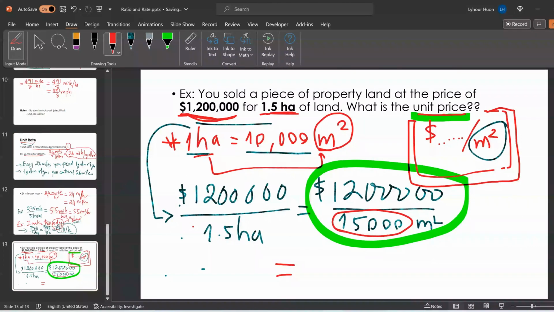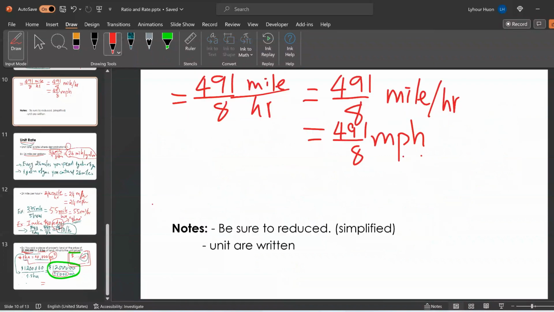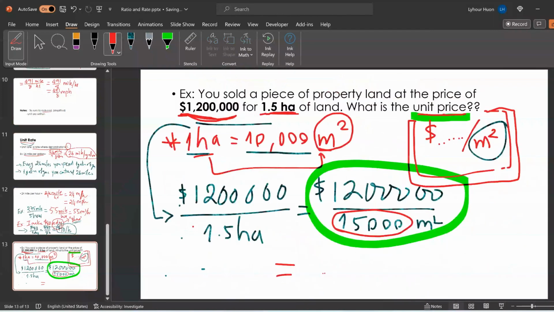I jotted my notes: we divide the numbers. Reducing is with rates, but for unit rate we divide the numbers.